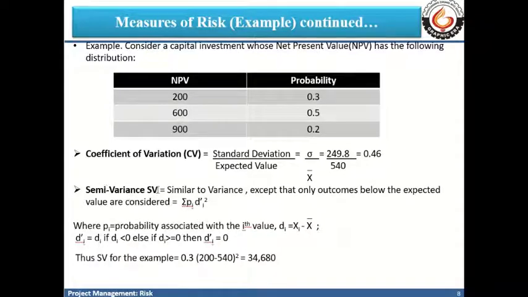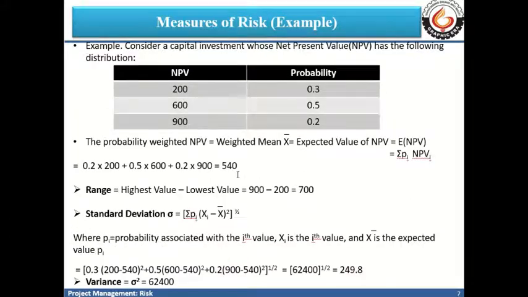Now semi variance is another measure, and it is similar to variance except that it considers only those project NPV values which are less than the expected value. The expected value we calculated previously is 540.